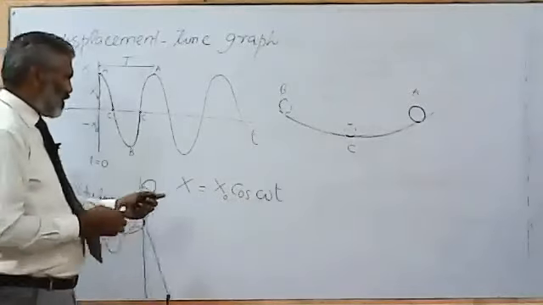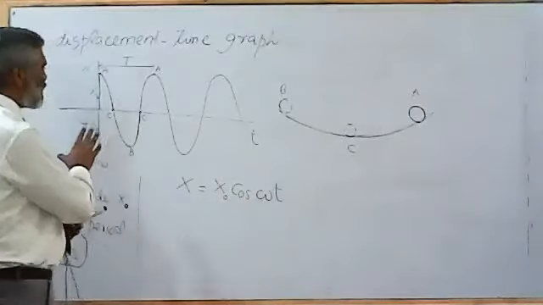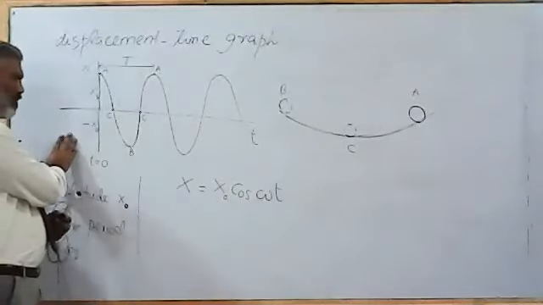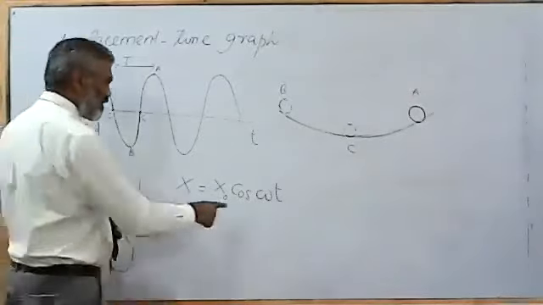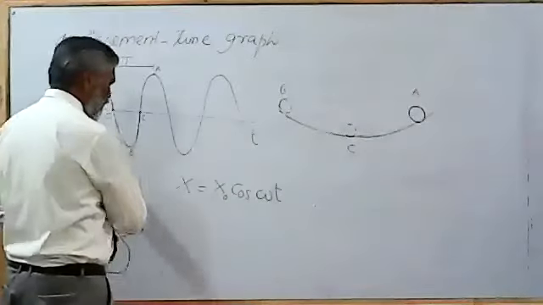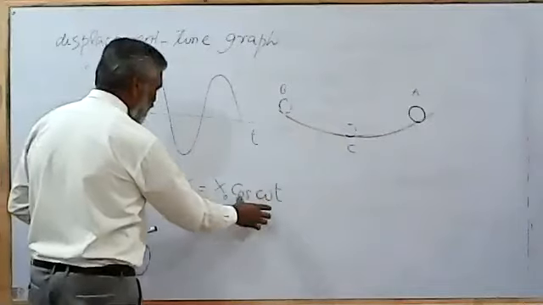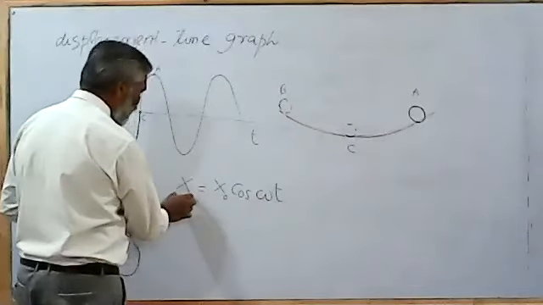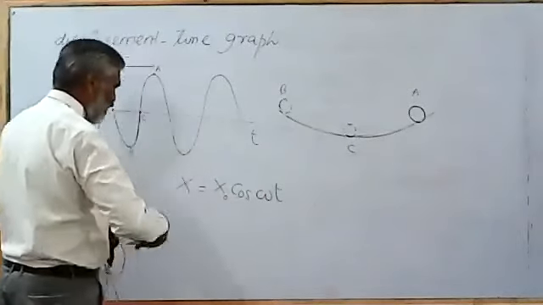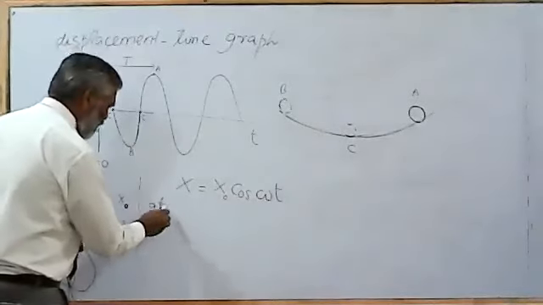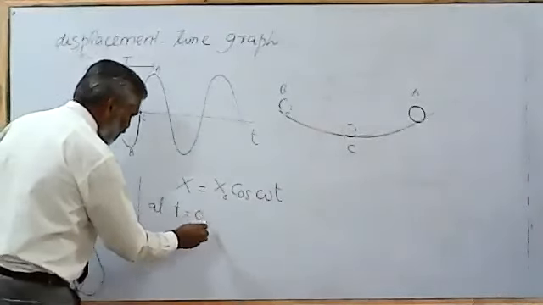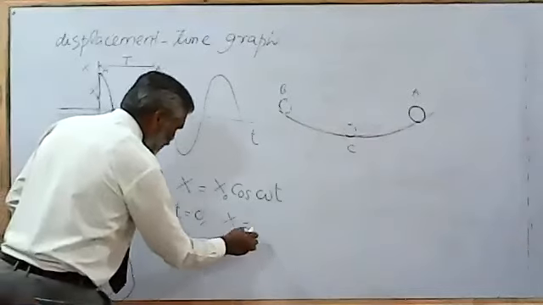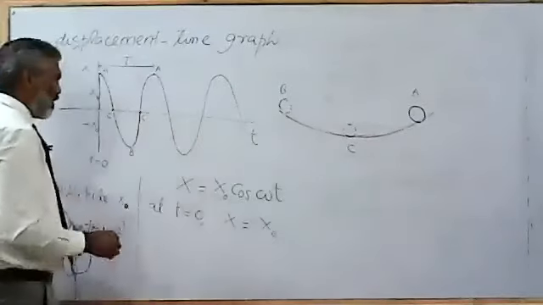This equation represents this motion, which clearly means that at t is equal to 0, this cos 0 gives us 1. So our displacement becomes x is equal to x naught. So at t is equal to 0, x is equal to x naught.